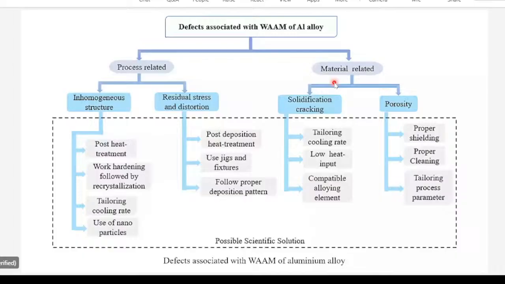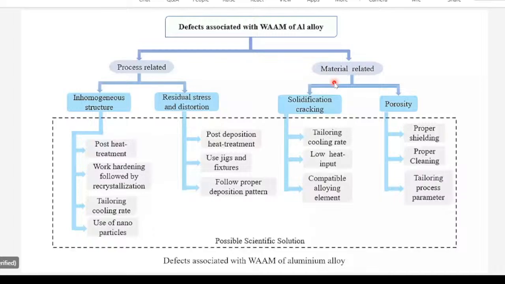That's why many researchers are having problems related to porosity in aluminum alloys. They are not following proper shielding and proper cleaning, and they are getting bigger voids in the aluminum alloy. When they check the density, it is very much less compared to conventional material.